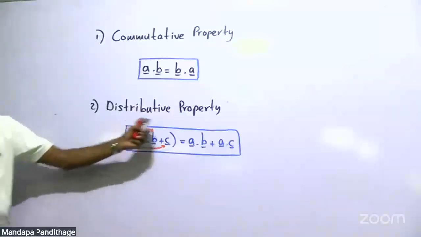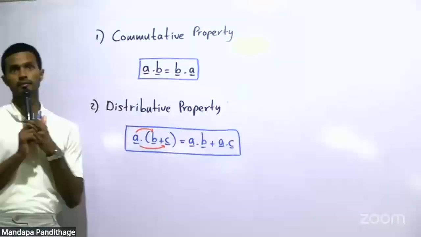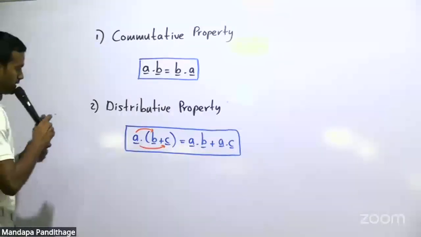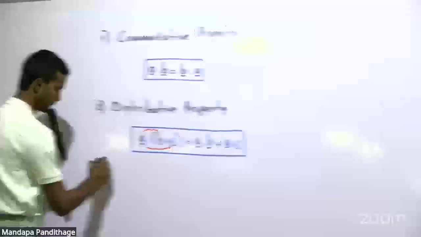And then write this one: A dot B plus C can be expanded as A dot B plus A dot C. Okay.